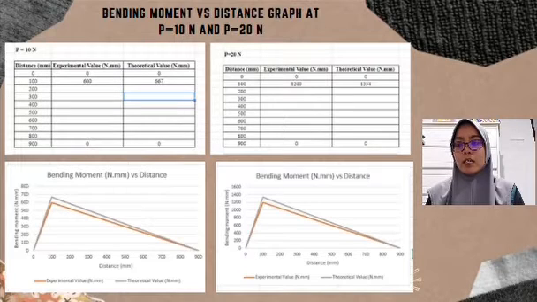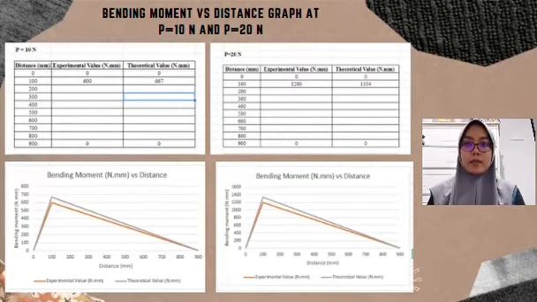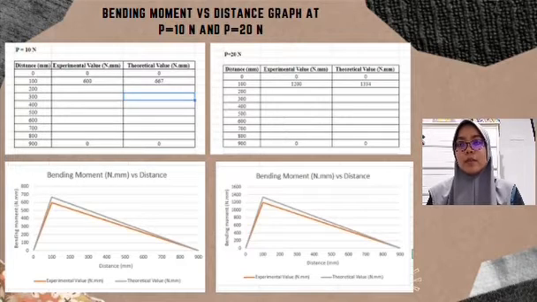And when the distance is 100 millimeter, the theoretical value is higher than the experimental value, which is 667 for the theoretical value and 600 Newton millimeter for the experimental value, which is 67 Newton millimeter higher than the experimental value. So when the distance is 900 millimeter, both the experimental and theoretical value is 0 Newton millimeter.